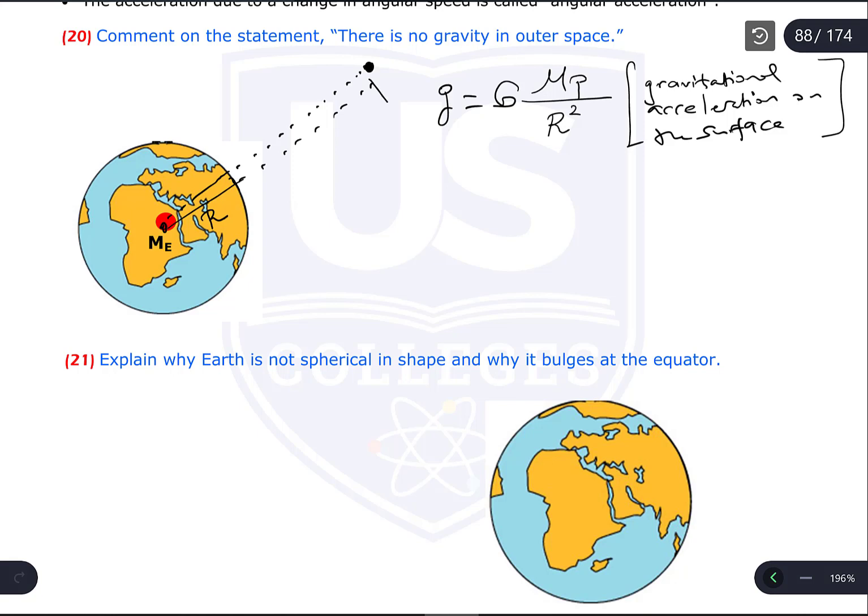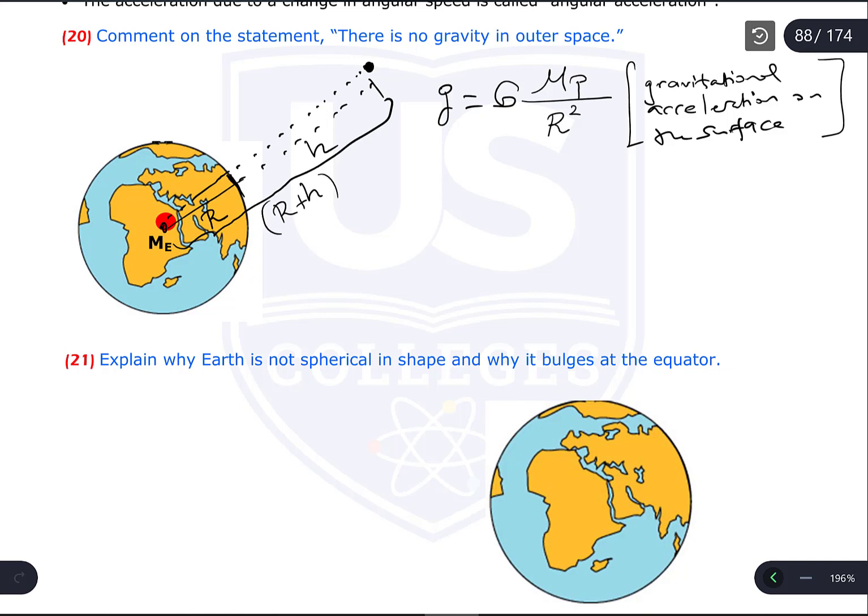So say that you are at an altitude of h from the surface. In this case, the distance from the center of the planet to the point in the outer space is going to be r plus h.